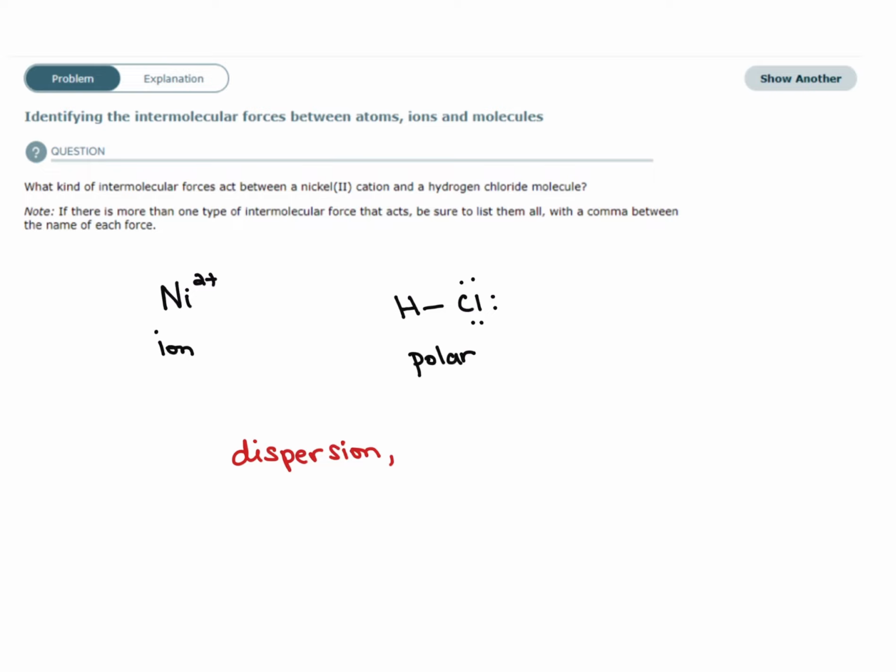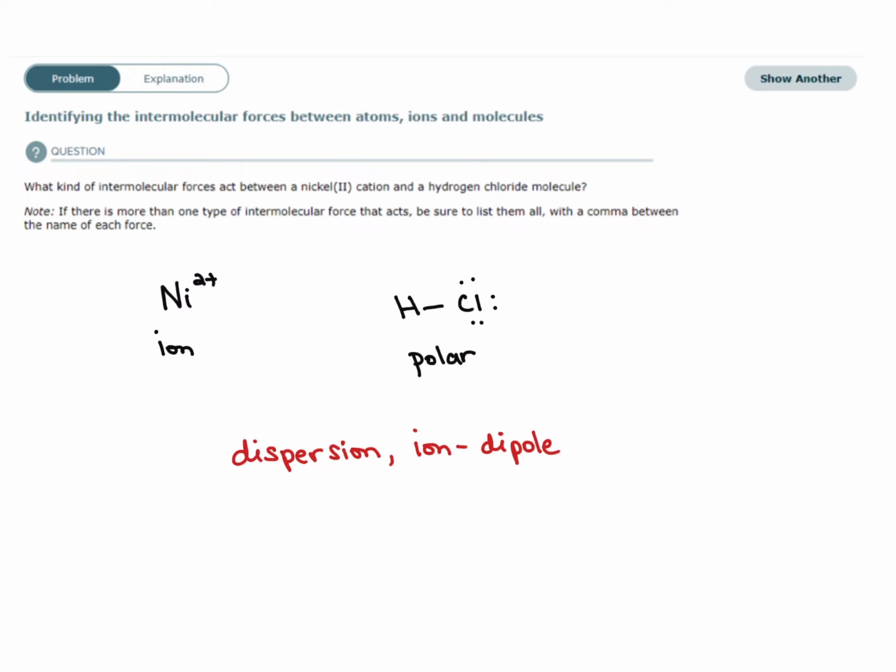That would be considered an ion dipole force. We can't say dipole-dipole because we needed two polar molecules. So since this is an ion and a polar molecule, it's considered an ion dipole.